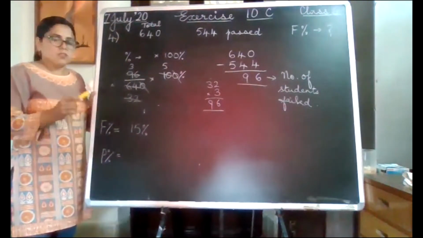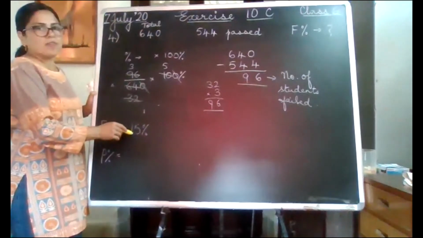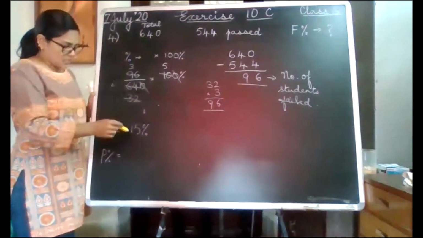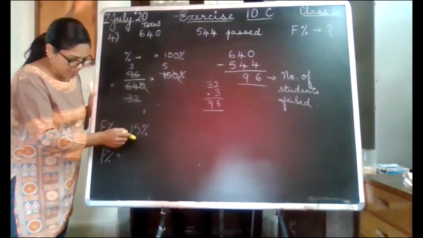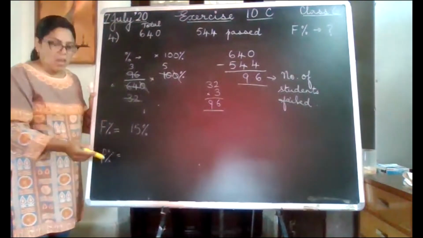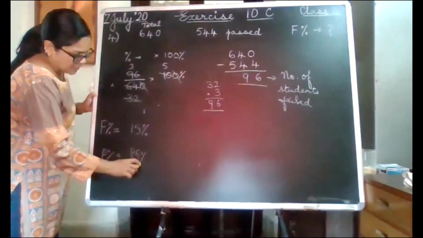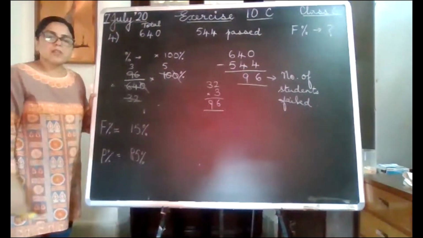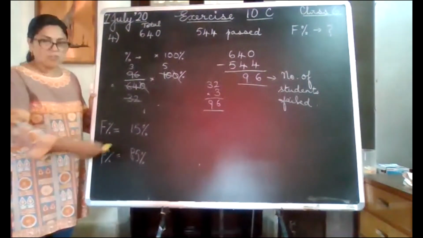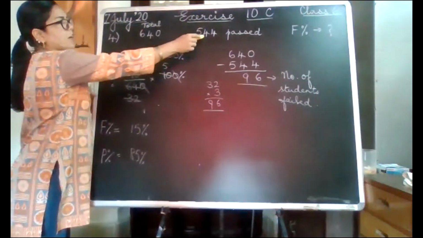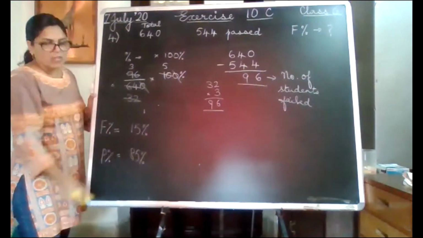So if there were 100, 15 of them failed. So we have found out the percentage. Now, if there are 100, 15 have failed, how many have passed? 85. So 85% will be the percentage of passed. So 544 who have passed, you will get 85%.